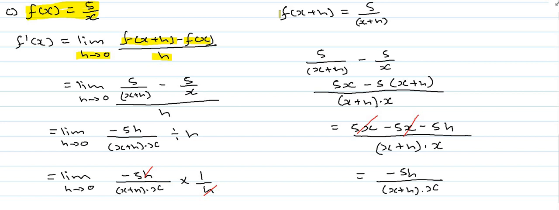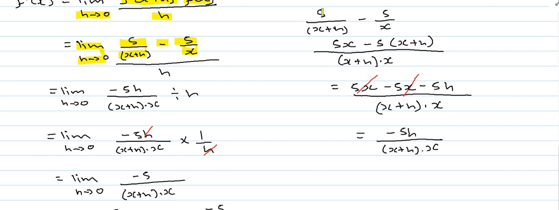Then I said let's do f of x plus h on the side and see if we can simplify it. This became 5 over x plus h. Since we couldn't simplify it any further, we want to substitute to say the limit as h approaches 0, 5 over x plus h minus f of x, which is 5 over x, all divided by h.